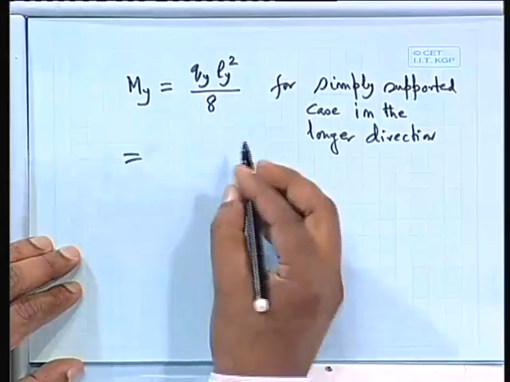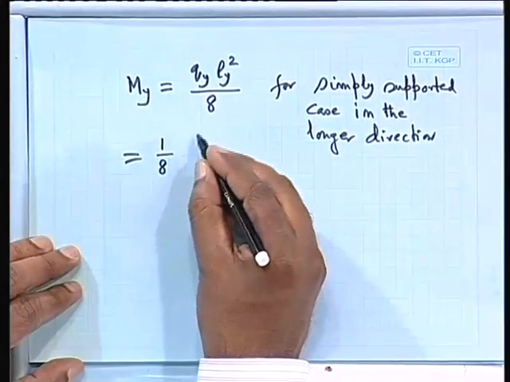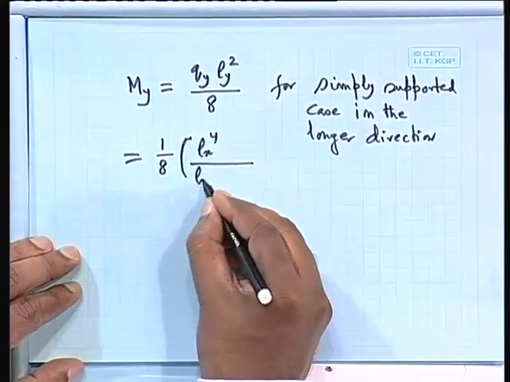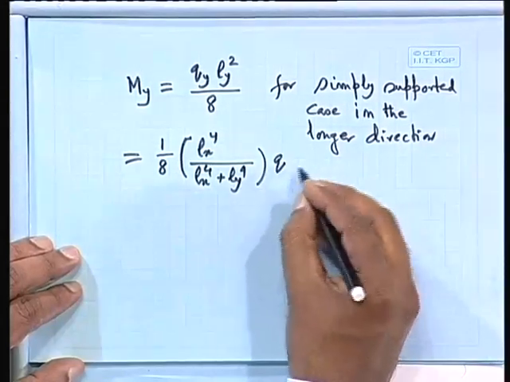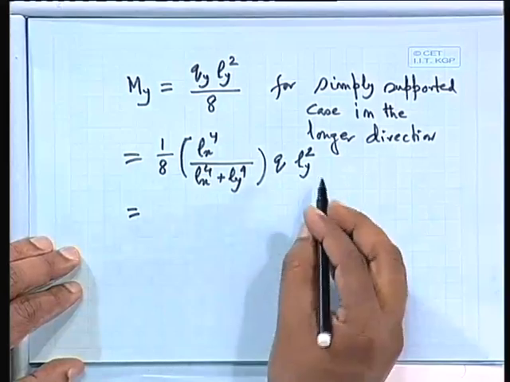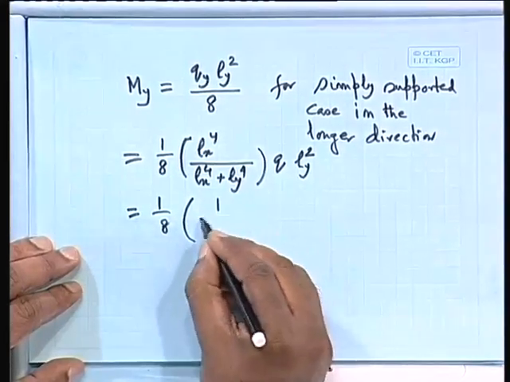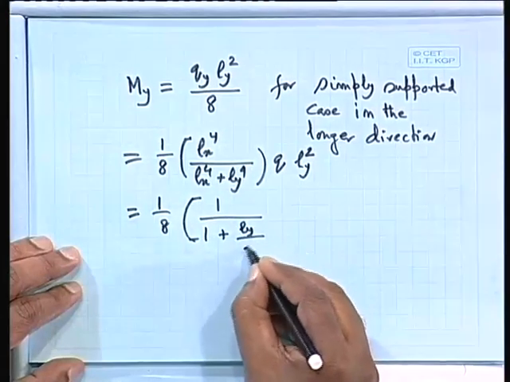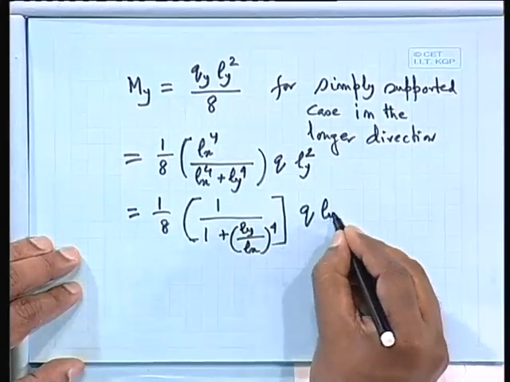So we can write down here 1 by 8 Lx to the power 4 by Lx to the power 4 plus Ly to the power 4 times q L square y equals, we can write down here as 1 by 8, 1 divided by 1 plus Ly by Lx to the power 4 times q L square y.